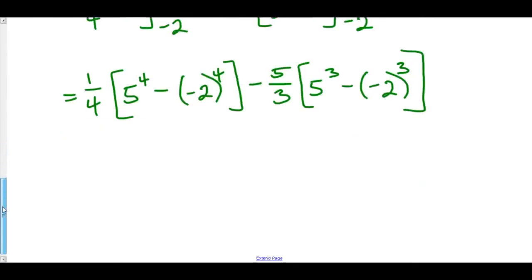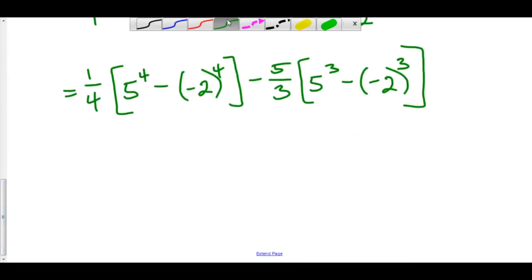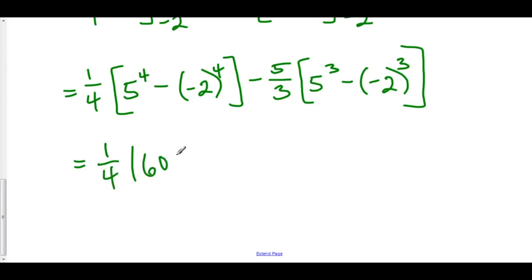Alright, let's do some further math here. We know that 5 to the 4th minus -2 to the 4th is 609. Well, we don't know that, but you can figure it out with a calculator.